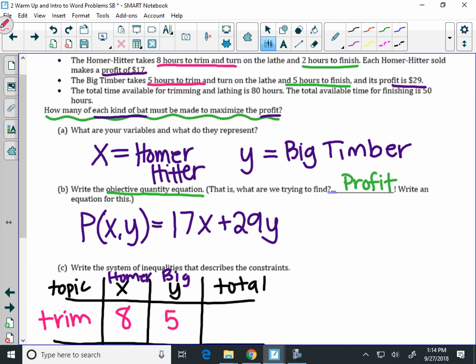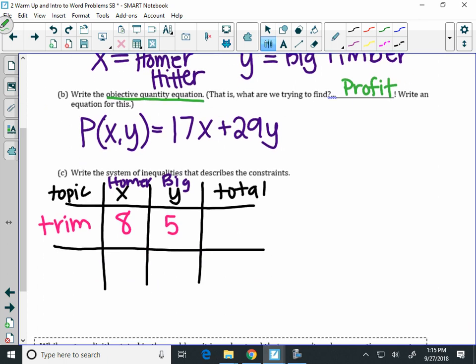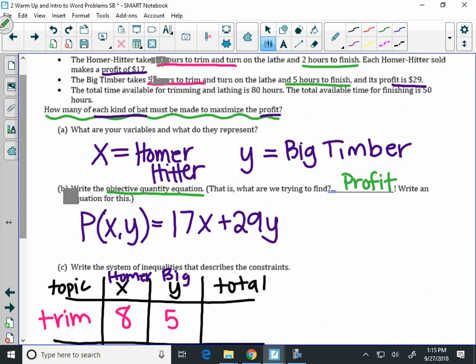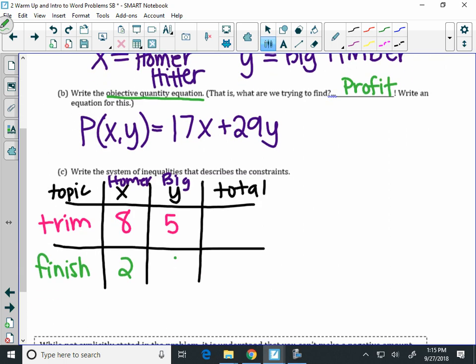So I'm going to put a 5 under the Y. And then let's talk about finishing. How long does it take to finish the Homer Hitter? 2 hours is up at the top there. So I'm going to put a 2. I need an equation for finishing. Put 2 under there. And then how long does it take to finish the Big Timber? 5. Okay. So we got that.